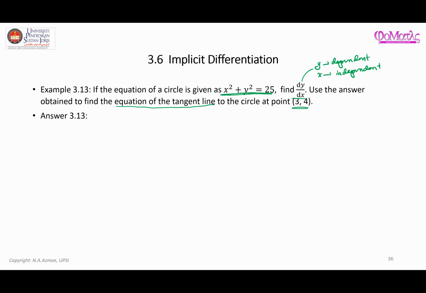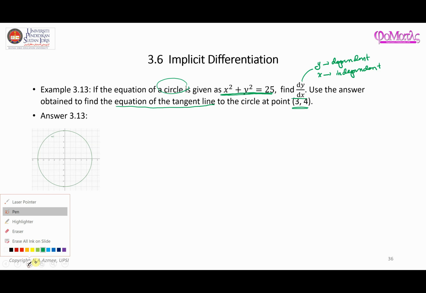If I want to represent the whole example using a visual representation, this is how it's going to look. This is the circle, and notice that 25 can also be expressed as 5 squared.